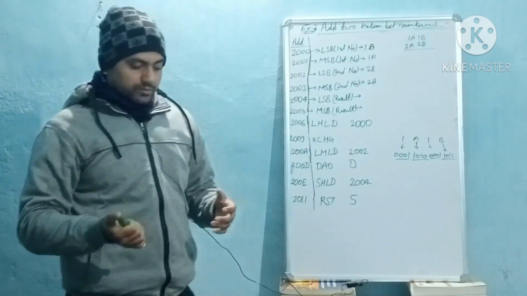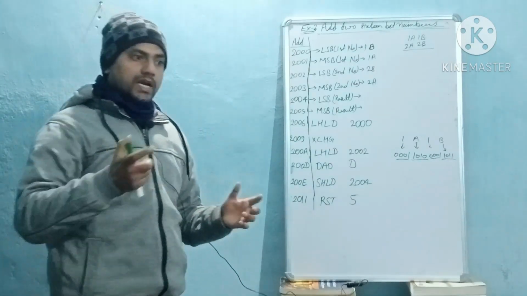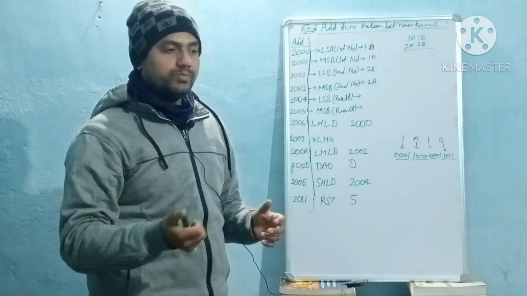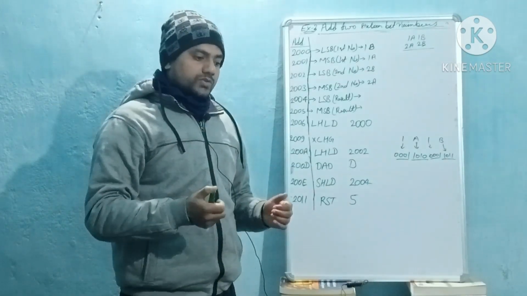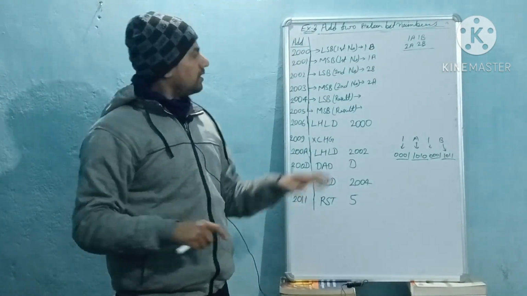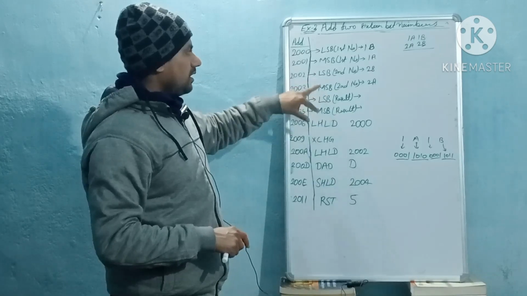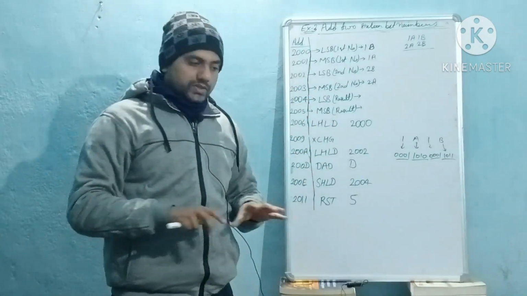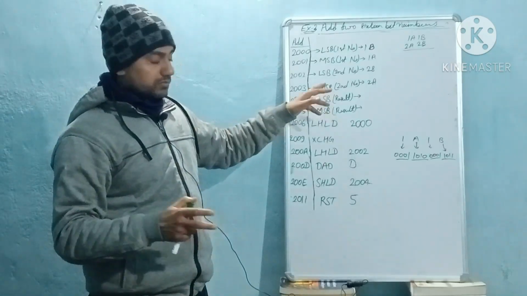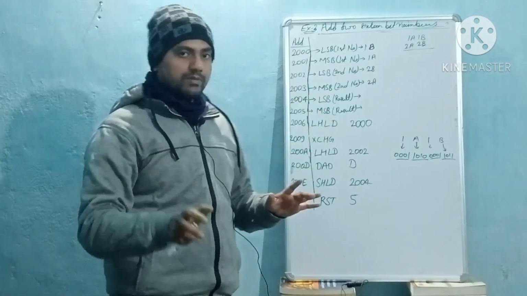A 16-bit result cannot be stored at one memory location, because one memory location is of only 8 bits. Okay, so to store the 16-bit result we need two memory locations, and again we are dividing the number into two parts, LSB and MSB.